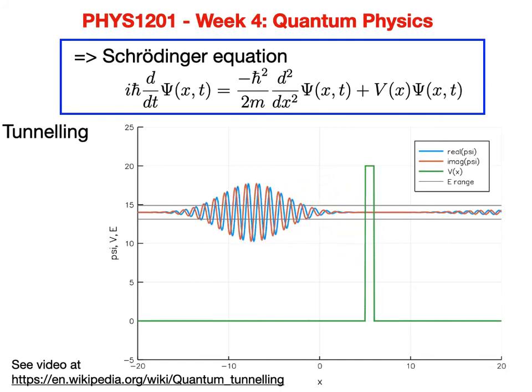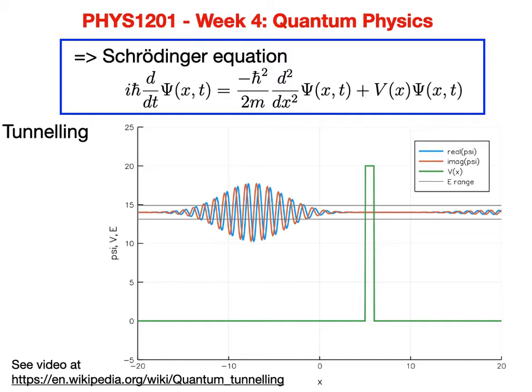classical physics. And interestingly, when you look at a time after the wave packet hit the wall, you have part of the wave function which is transmitted, part which is reflected. But remember, this is the amplitude of probability to find the particle at some position x.